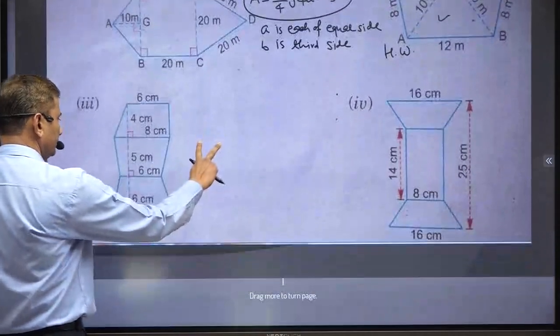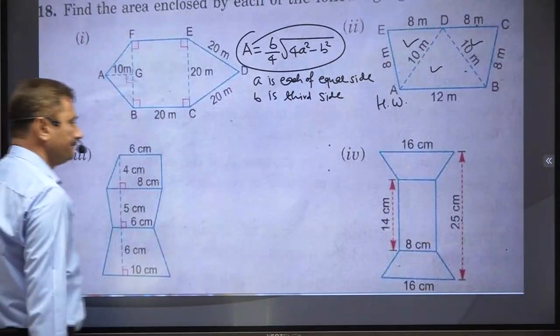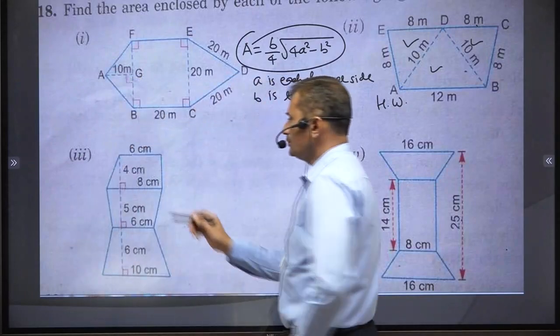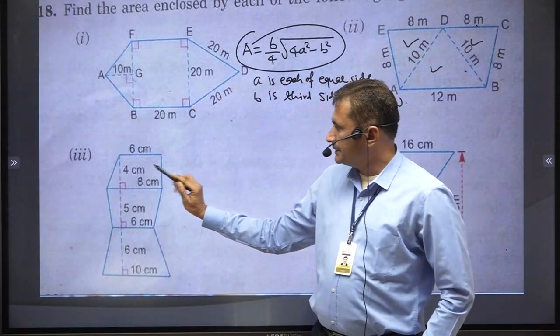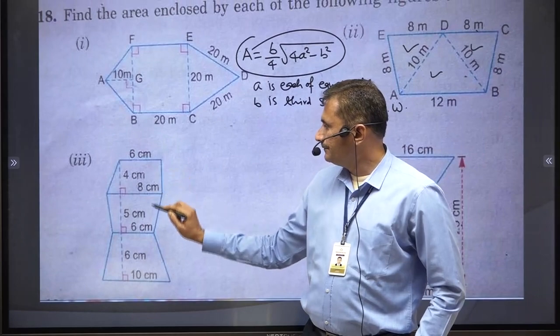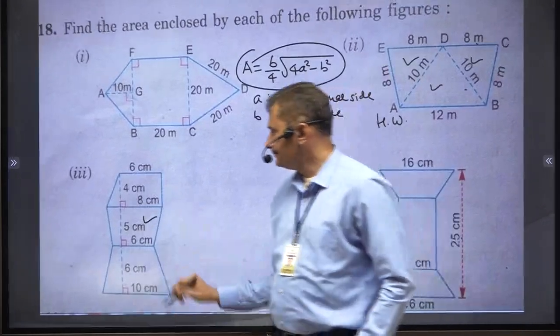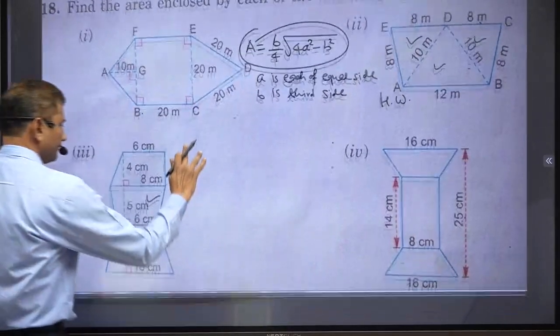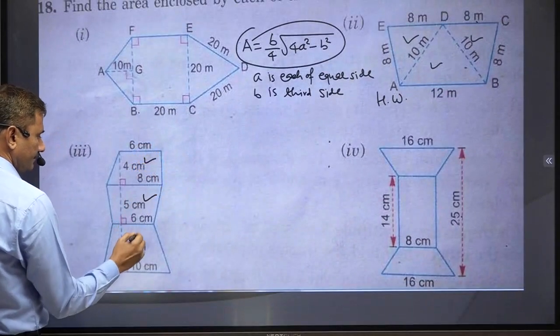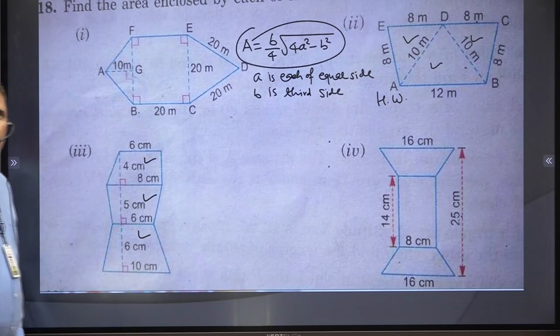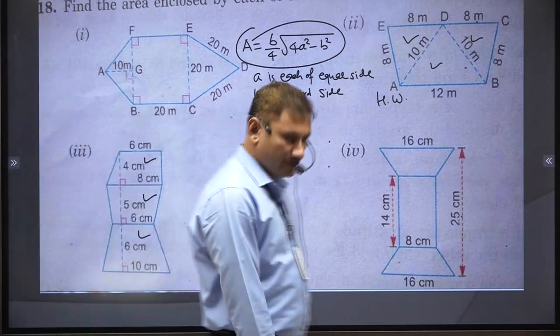Now look at the third one. You can see here there are three trapeziums: one, two, three. Now look at them one by one.